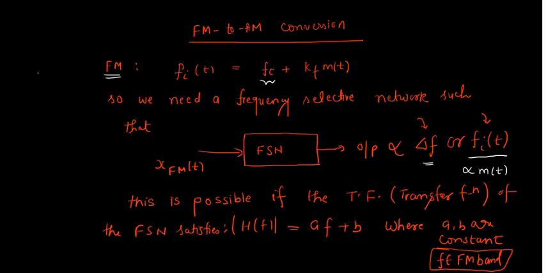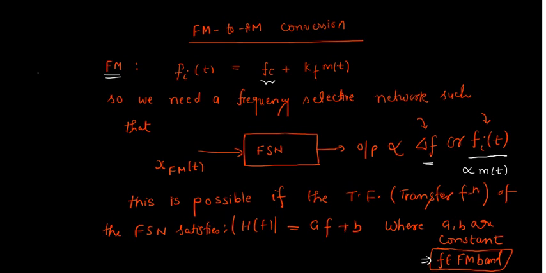This type of requirement can be met if the transfer function of this frequency selective network satisfies this property: the magnitude of the transfer function H(f) should have the form Af + B, where A and B are constants, and this must be true for the entire FM band.